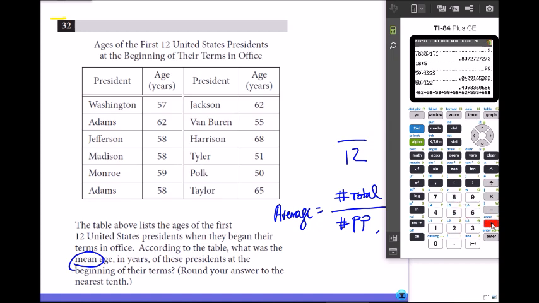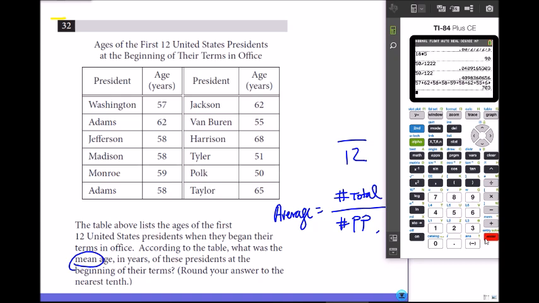And please never divide by, see, I already made a mistake. 68, 51, 50 plus 65.